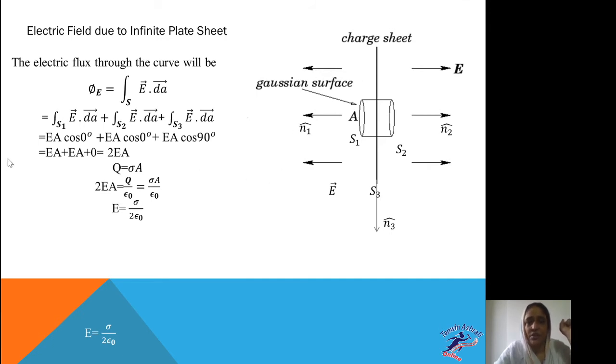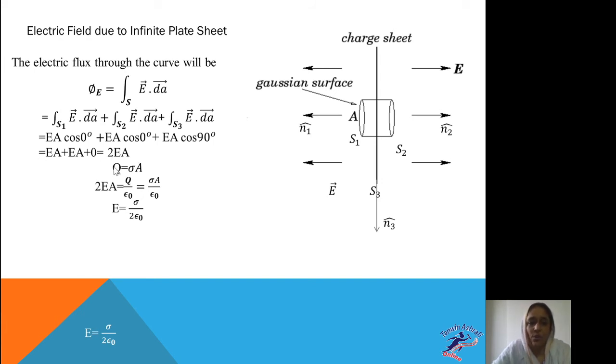Therefore EA cos theta, where theta is 0 degrees. In the same way for S2, the normal and the electric field are parallel. Therefore EA cos 0 degrees. But for this surface, n cap is at 90 degrees with the electric field. So EA cos 90 degrees, and cos 90 degrees is 0, nothing. Therefore the total is twice EA.